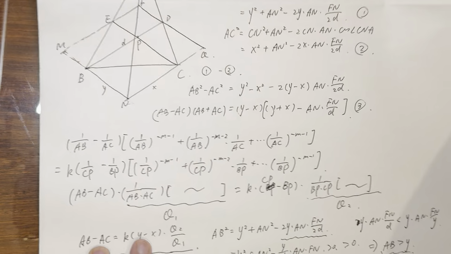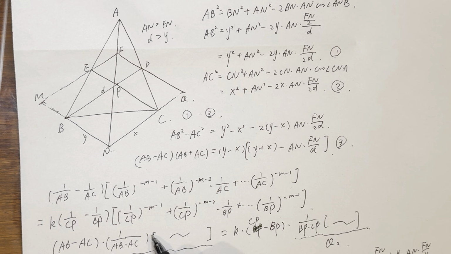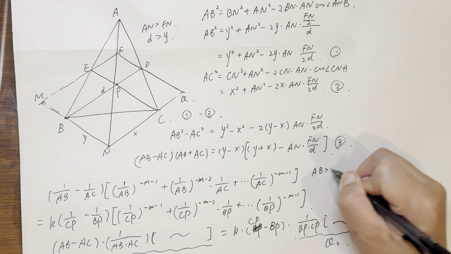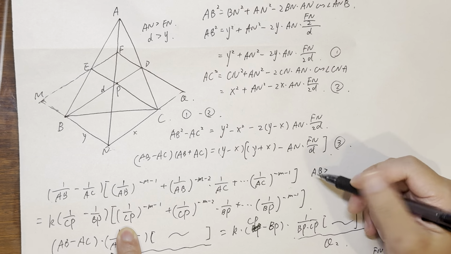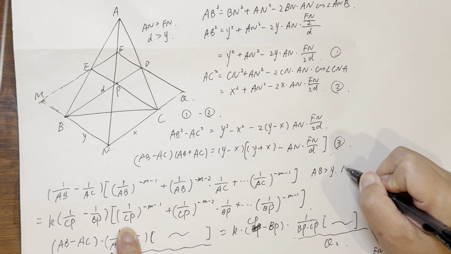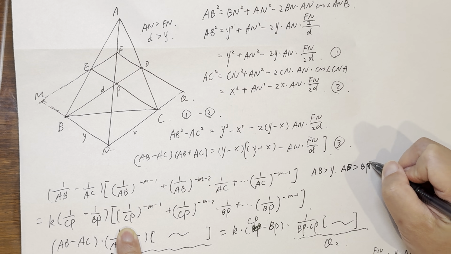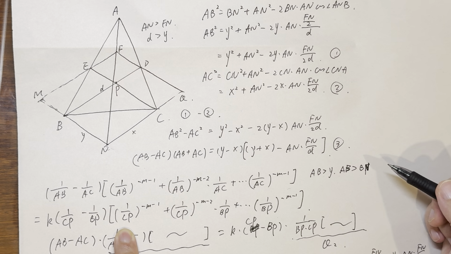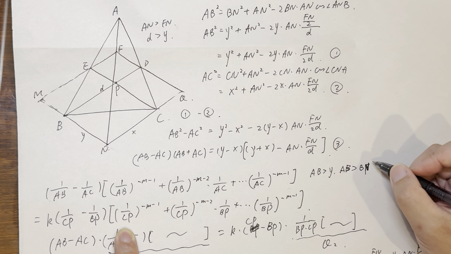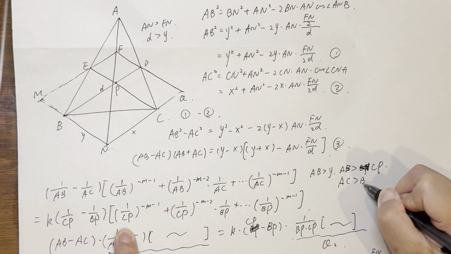Let's go back to the definition. We set this one as Q1, this one as Q2. We already know that AB is larger than Y, right? So AB is larger than BN, which means is larger than CP. And also AC is larger than BP.